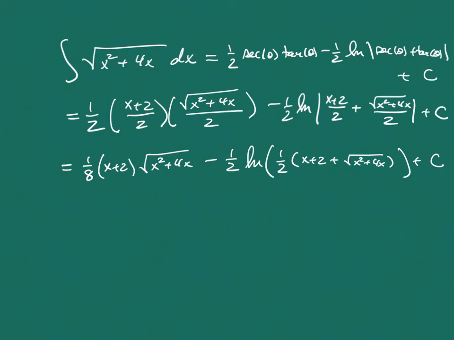Then I can use my properties of logs, where if I had the log of m times n, that was going to be the log of m plus the log of n.